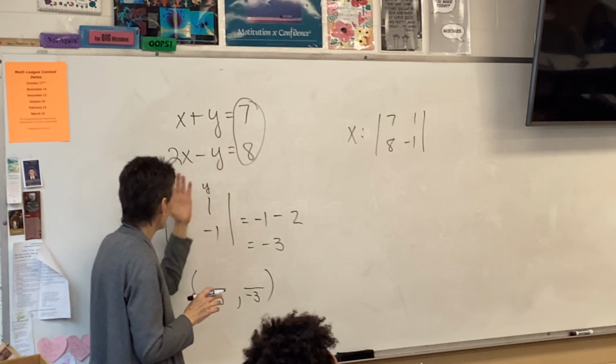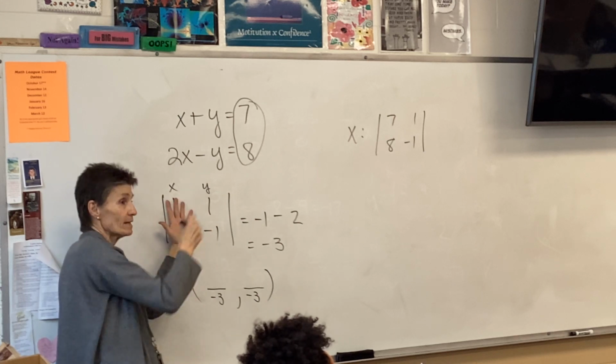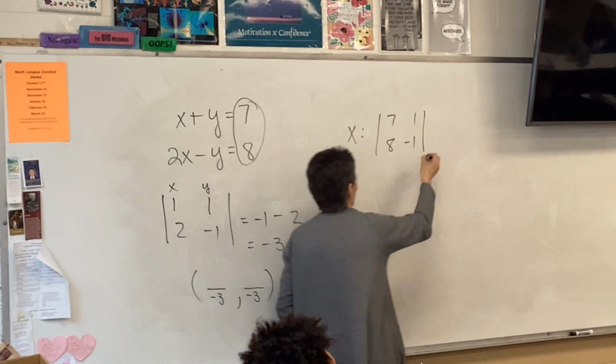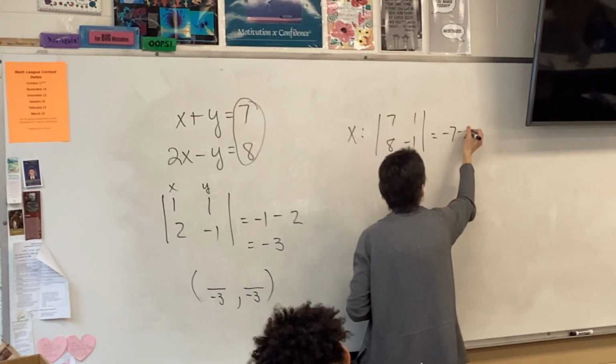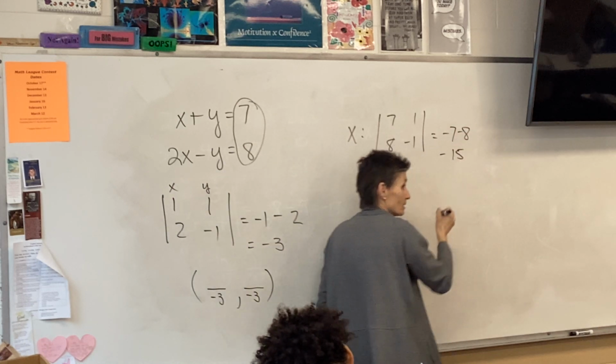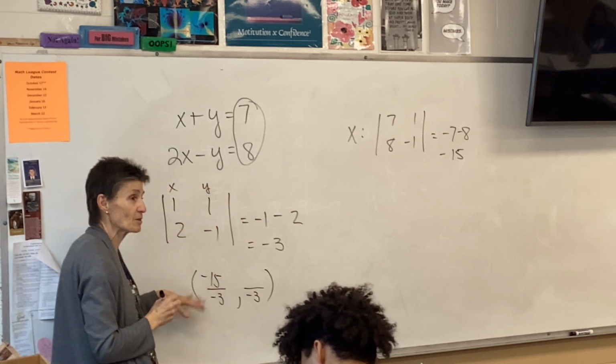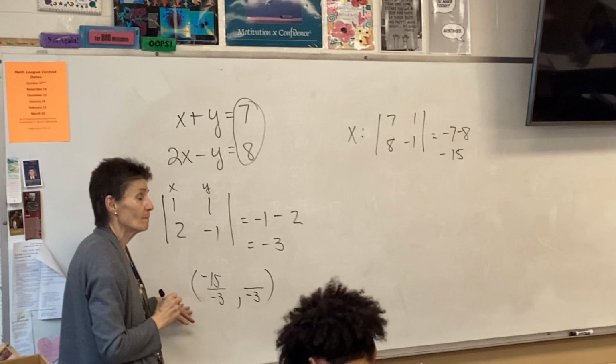It has to go right here, 7, 8 in the x spot. All right, what's that value? -7 minus 8, -15. So your x numerator is -15. That's gonna simplify, but I'll do it in a minute.